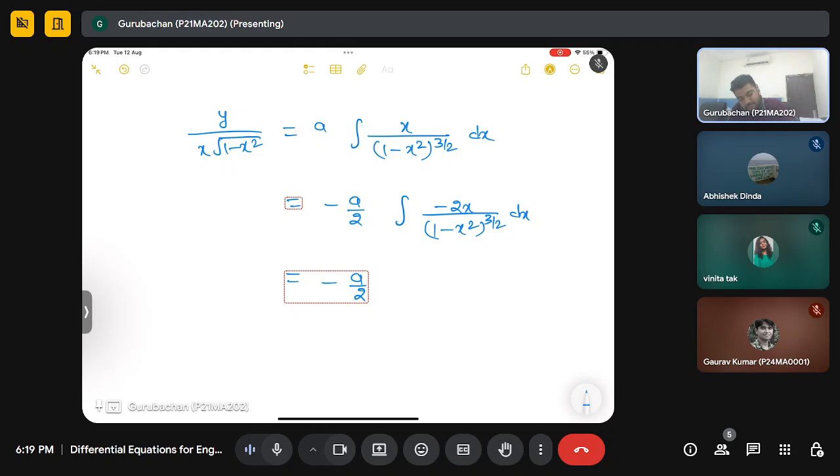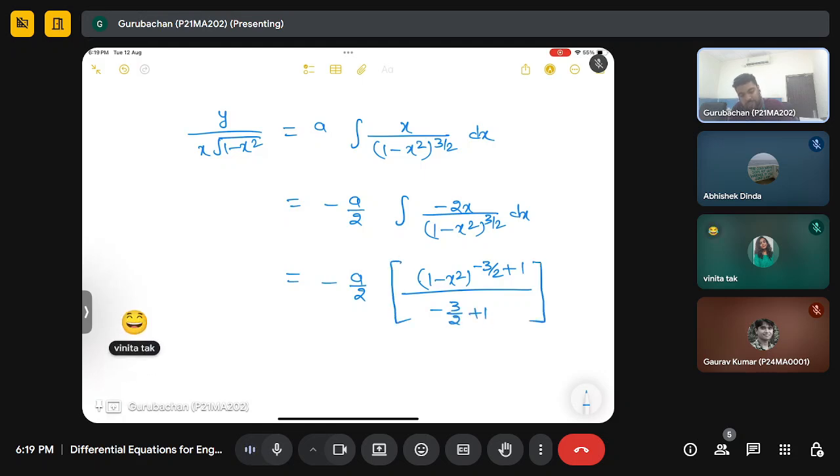So I am directly writing that 1 minus x square to the power minus 3 by 2 plus 1 divided by minus 3 by 2. If you are not getting anything, then please let me know.